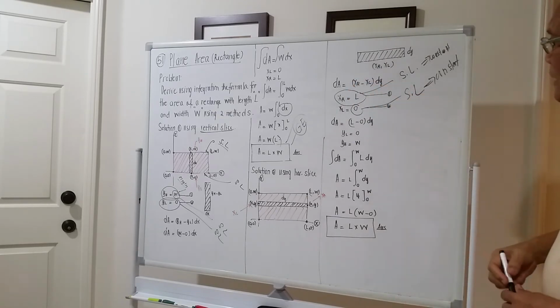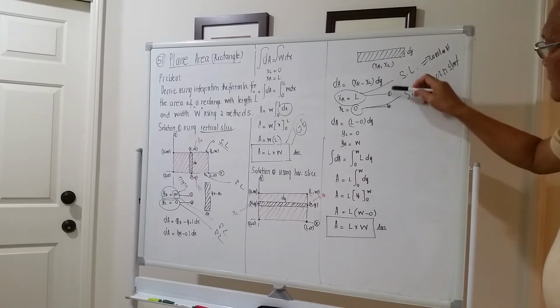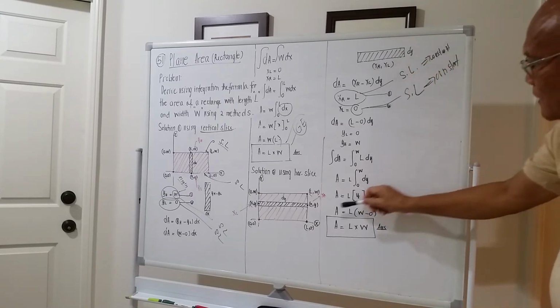Let's try to bring out the limit now. Our thickness is dy, it's a vertical slice.